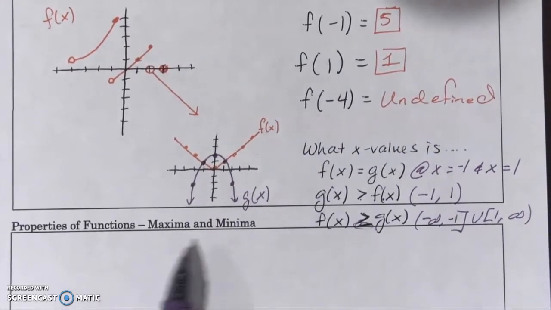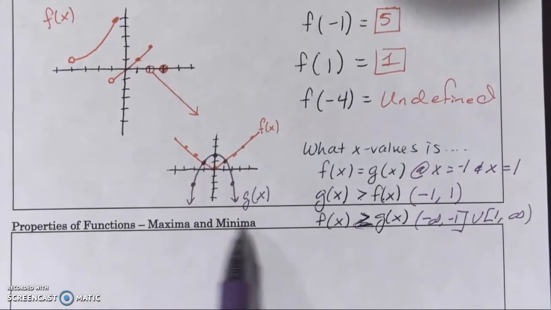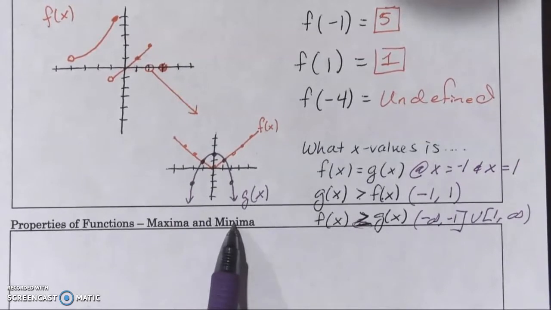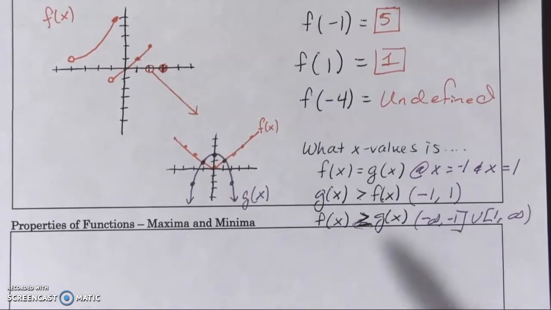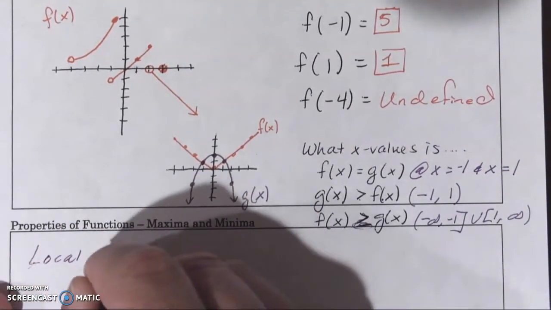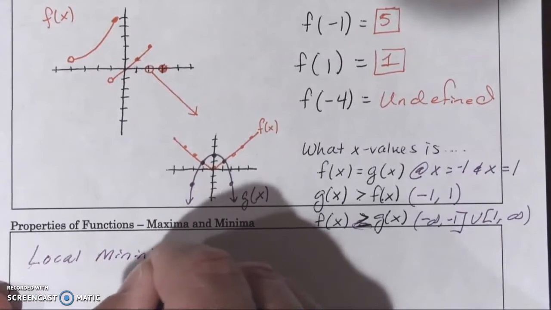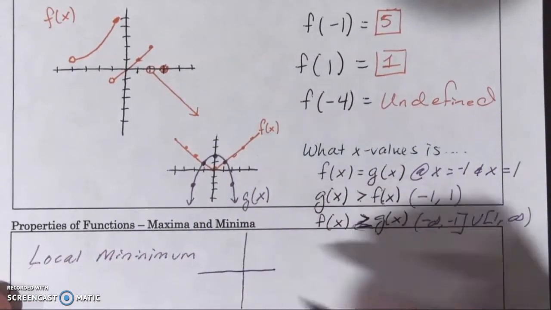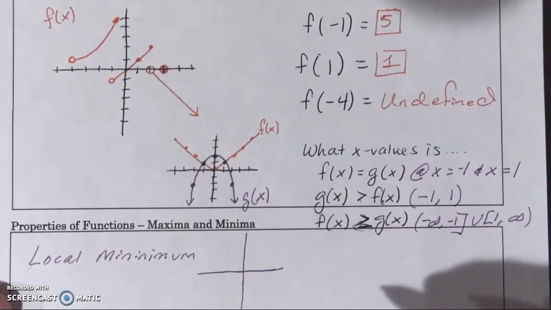All right, and then properties of functions, maxima and minima. That's the plural for maximum and minimum. We're really looking for local maxima and minima. All right, so local minimum. We'll give you a graphical representation and then kind of the definition here.